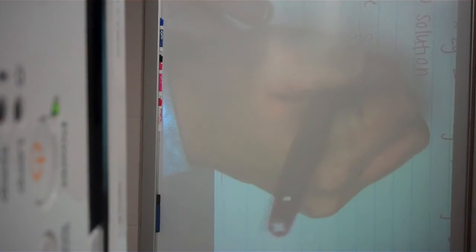You have the equations 2x plus 3y equals 6, and you have 4x plus 6y equals 12. Put both of them into y equals form and graph.